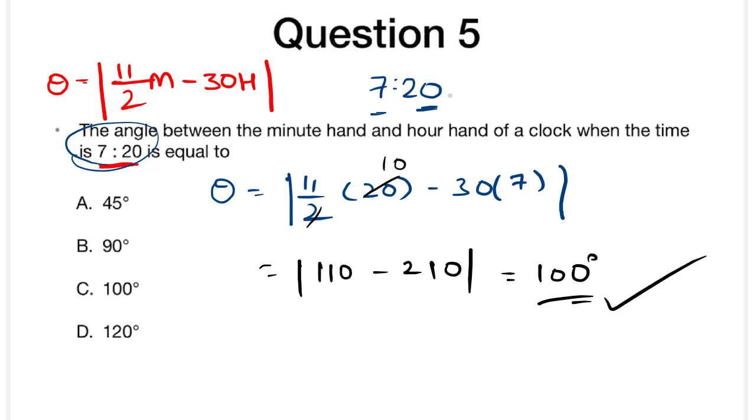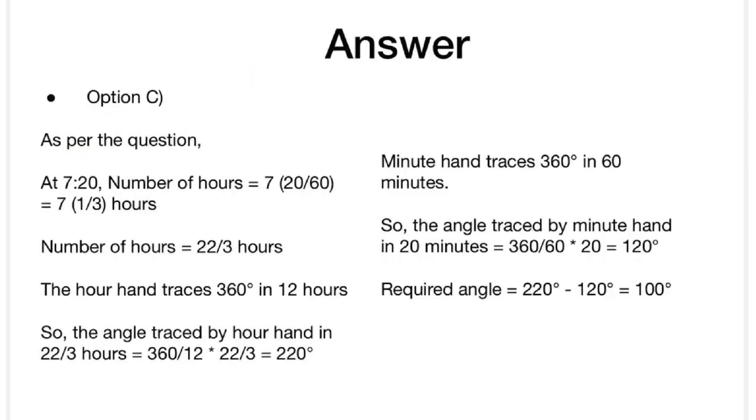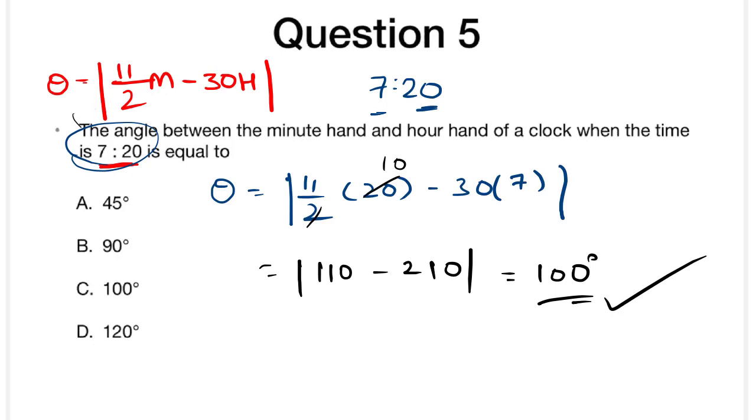This is a very simple model. Also, if you can't remember this formula, we can do it in another way, and we'll get the same answer anyway. But it will be easy if we remember theta is equal to 11 by 2 m minus 30 h. I believe you can remember this simple formula.